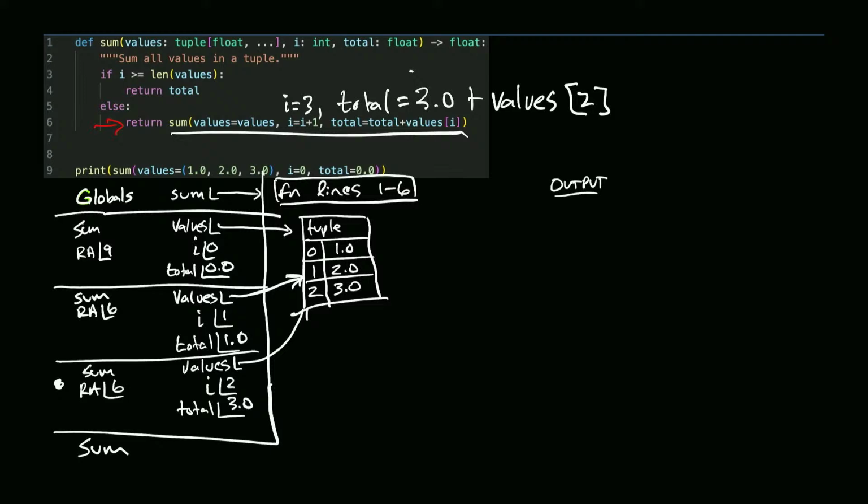So i was 2, so now we're going to say, well, the total in the next frame that we're about to fill in is going to be 3.0, our current total, plus values at index 2. So we look in our table, what's values at index 2? That's 3.0 here, right? So 3.0 plus 3.0 is going to be the same as saying total of 6.0. And now we've got all our values ready to set up the final frame here.